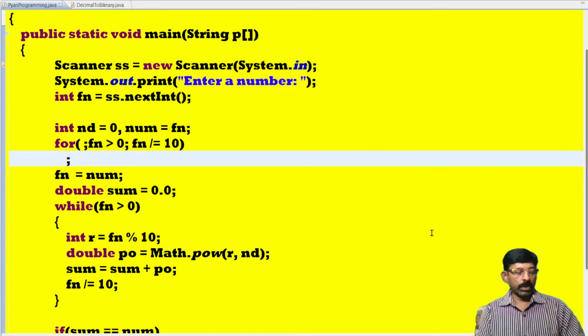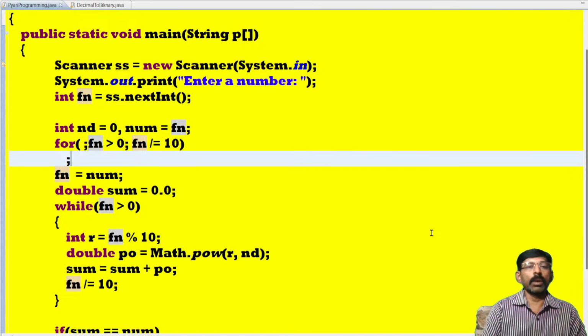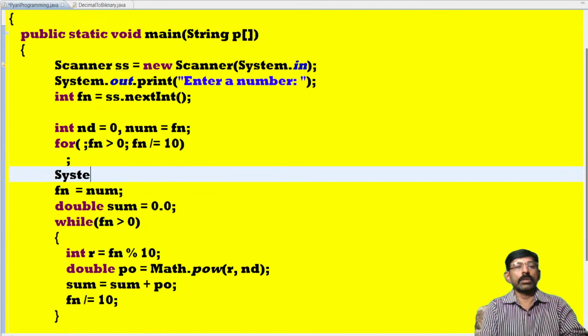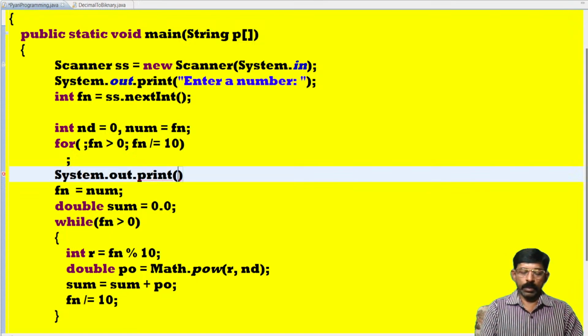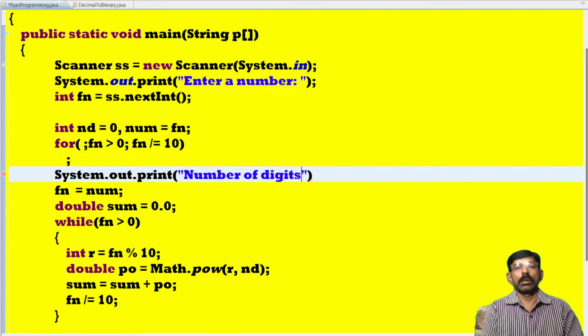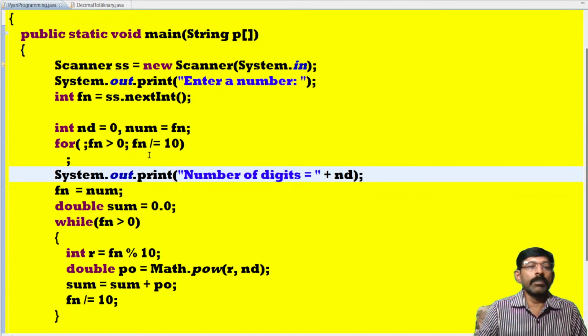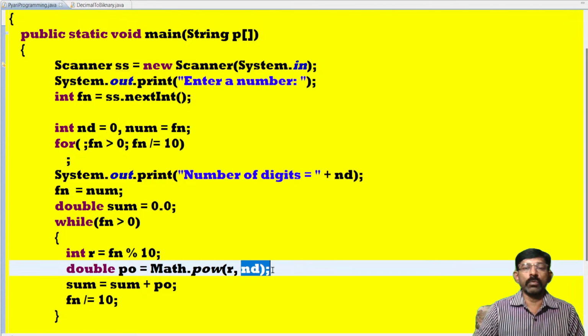Okay, if you want to see whether it is calculating the number of digits or not, display System.out.print number of digits is equal to plus nd. But again I am saying take it outside, don't take it inside the for loop, because we need to use it over here.